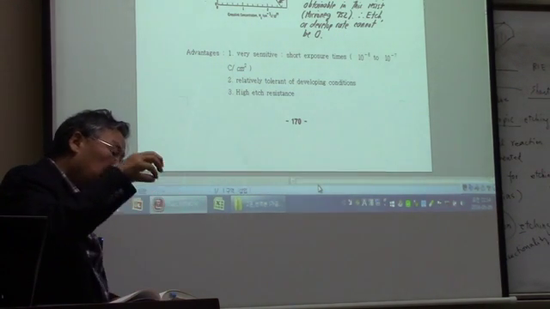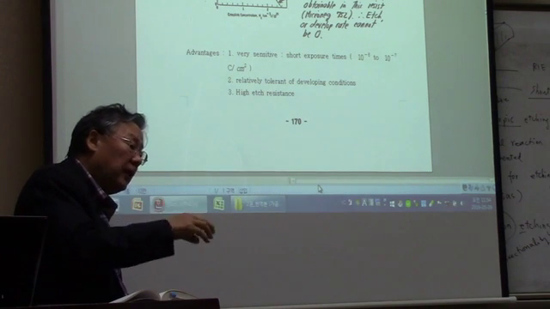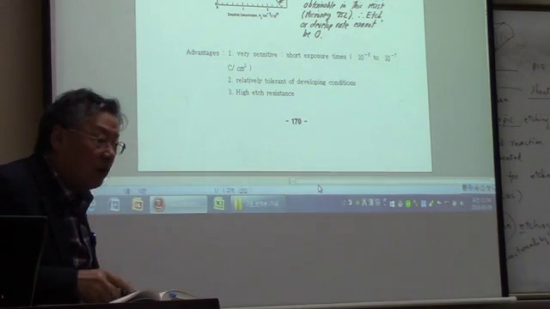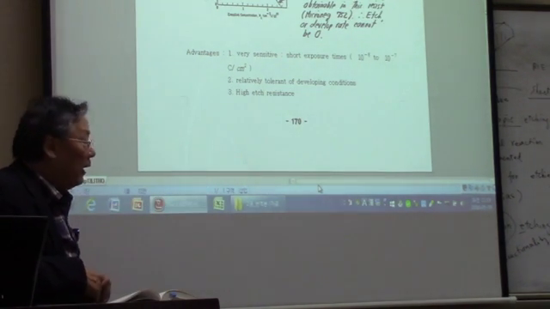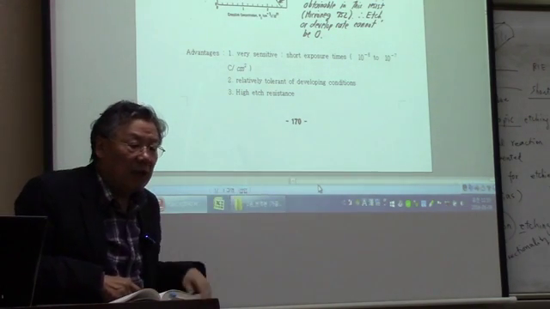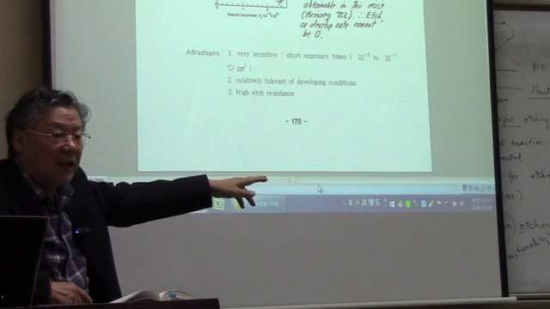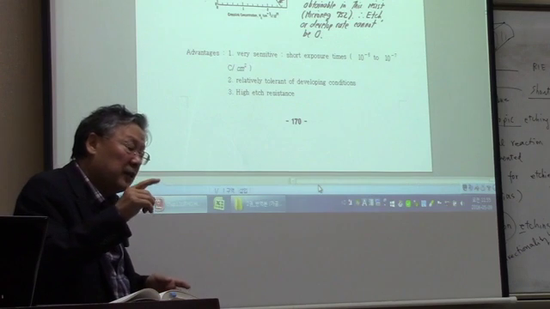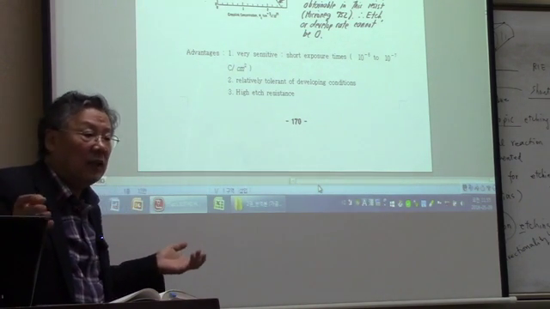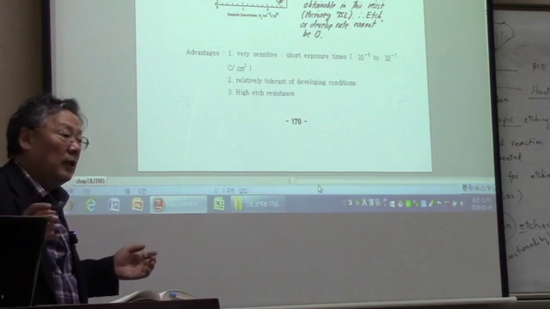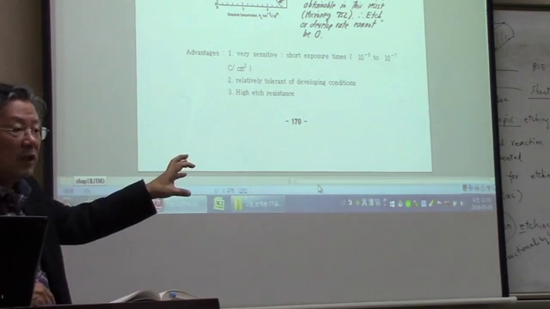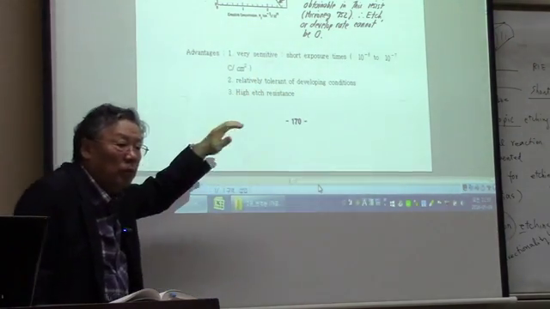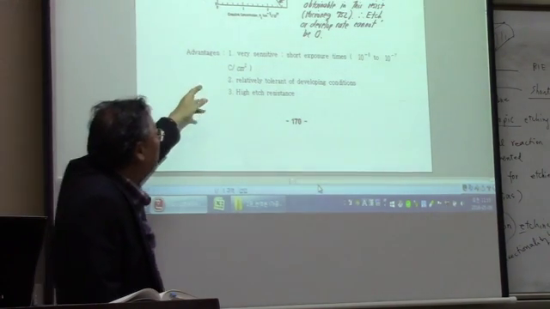For each die, if you spend a certain amount of time, then it should be multiplied by 100 to finish one wafer. And then that has to be multiplied by the masking steps, like 7 to 8 masking steps, which means you end up with 700 or 800 times of each exposure time. Okay, so this is very much related to the throughput in the industry. So it's not a trivial question at all.